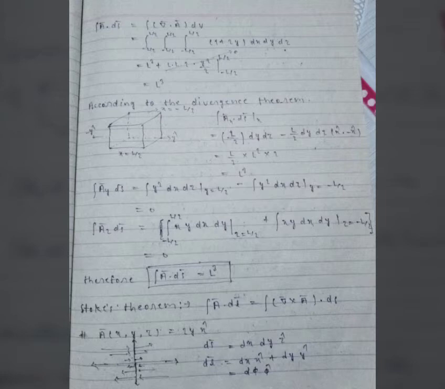I can remove this now, and this gives me L by 2 times L square times 2, so this gives me L cubed. So this is the x part.